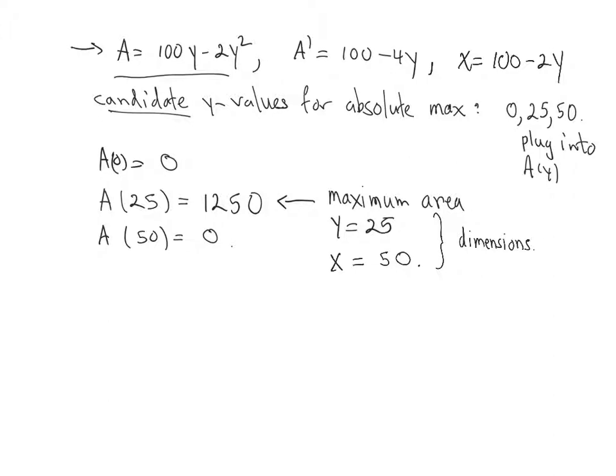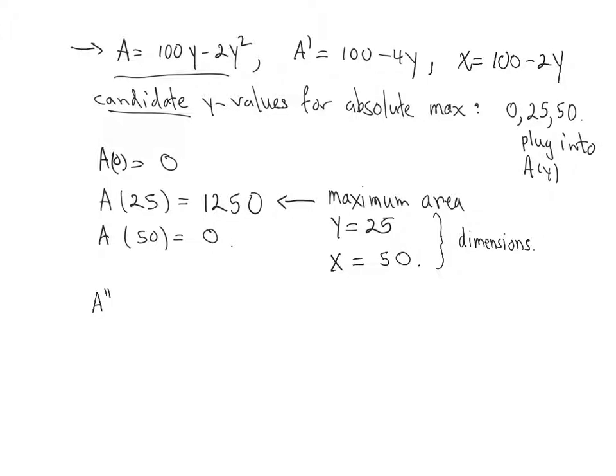So one final comment about this problem is that I computed the critical points, then I considered the area at the endpoint 0, the endpoint 50, and the critical point 25. But there is another approach. Once you know there's exactly one critical point, if you just compute the second derivative of the function A, if the second derivative is positive, then the critical point is going to be your absolute minimum, and if the second derivative is negative, the critical point is going to be your absolute maximum.